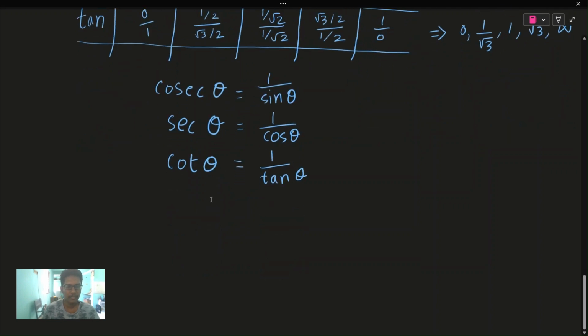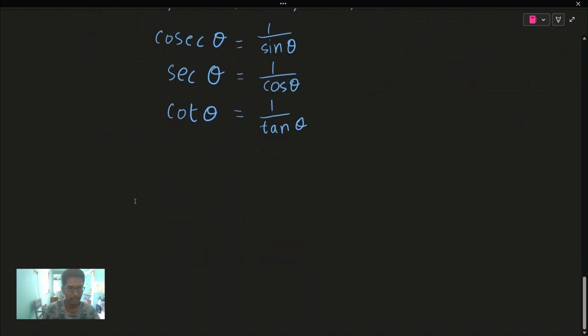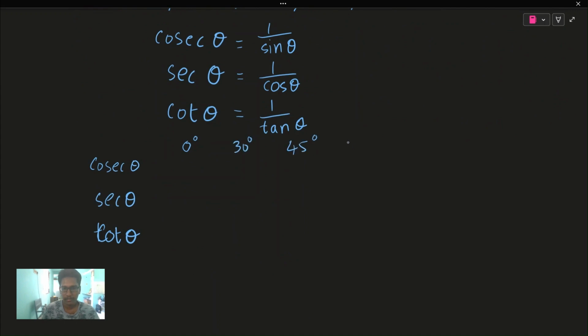You can extend this table once again by cosecant theta, secant theta, cot theta, for 0 degree, 30 degree, 45 degree, 60 degree and 90 degree.